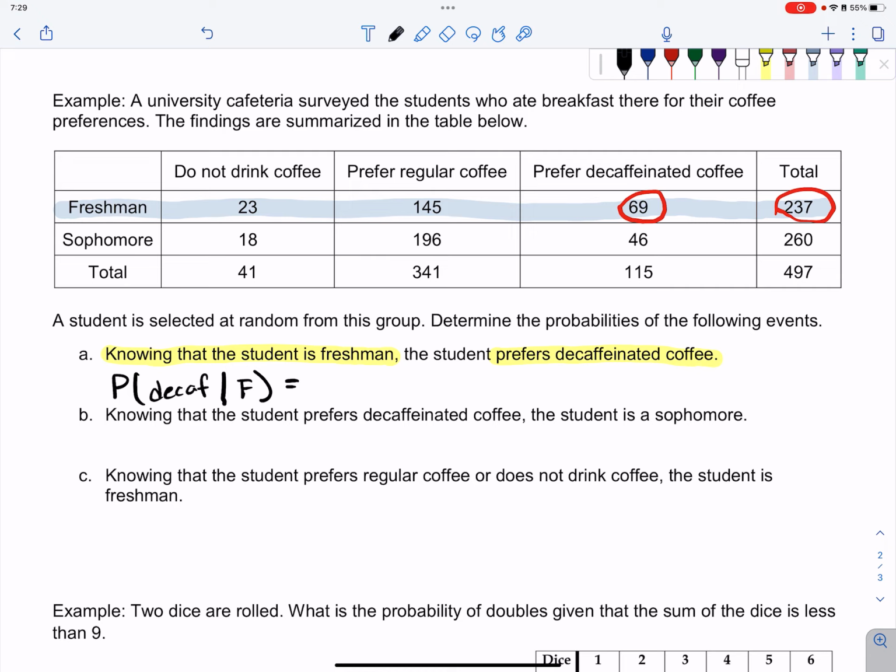So this means that our probability that they prefer decaf, given that they are a freshman, is 69 out of 237. Which we could round to be about 0.2911 for their probability.